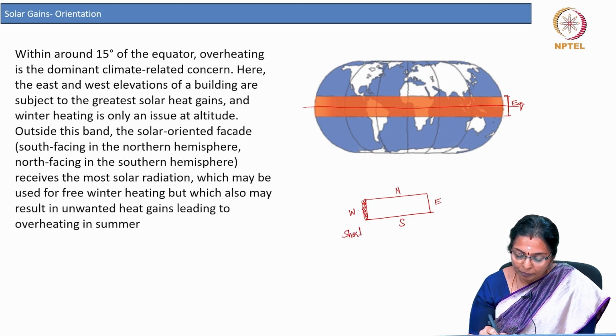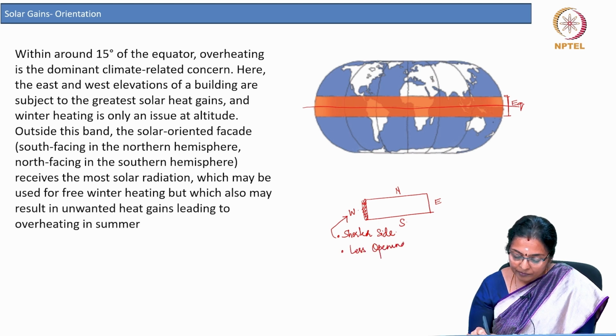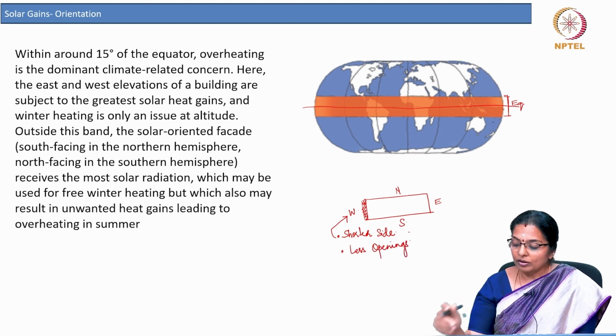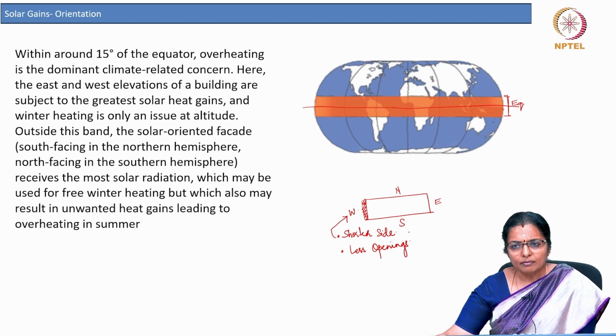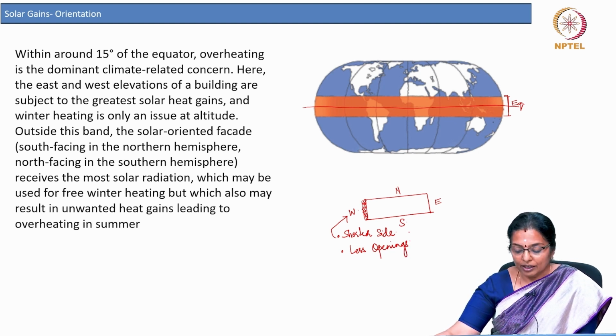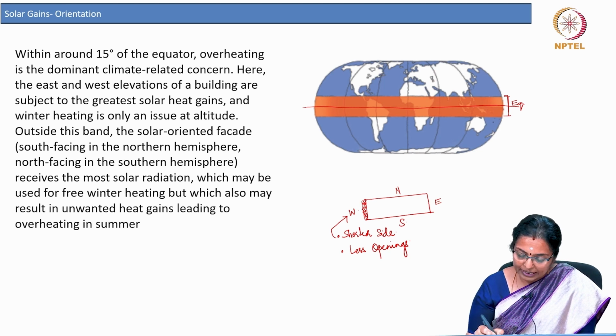I will keep on repeating this during the course of this lecture also. The west facade should be the shorter side and it should have fewer openings along this belt. There is another criterion also, we will come to that a little later.